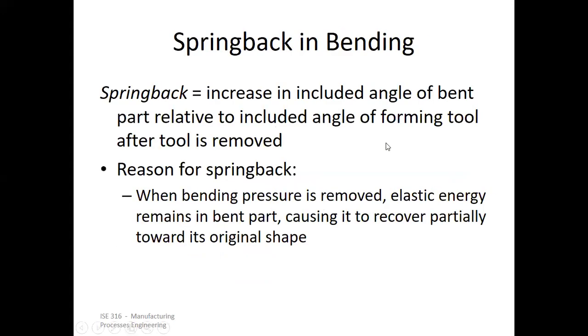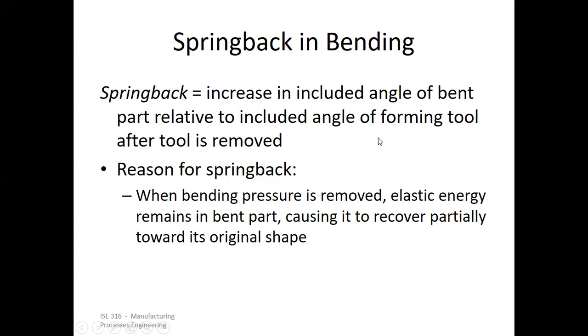Springback is also another important issue when it comes to sheet metal forming. What is springback? It is the increase in the included angle of the bent part relative to the included angle of the forming tool after the tool is removed.